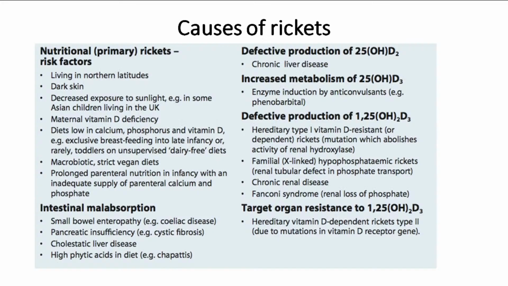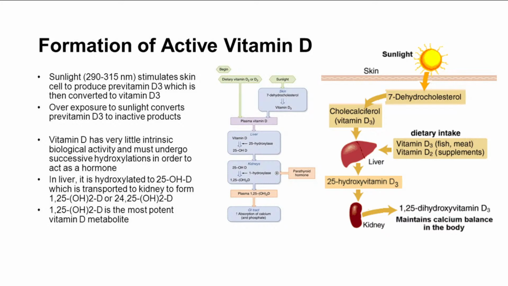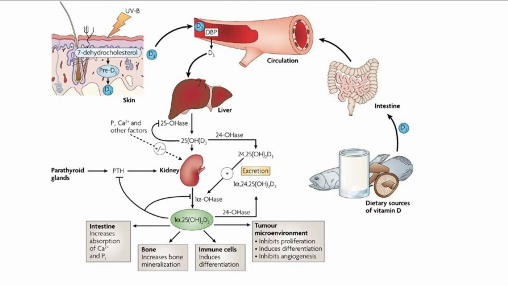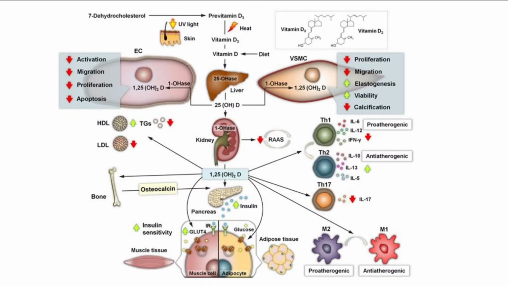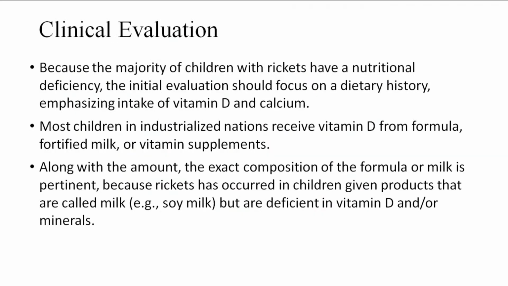Of course, for students, regarding rickets, you can remember these small variants of pathogenesis, or these variants of pathogenesis, or this one. Just choose and try to remember. Okay, clinical evaluation.